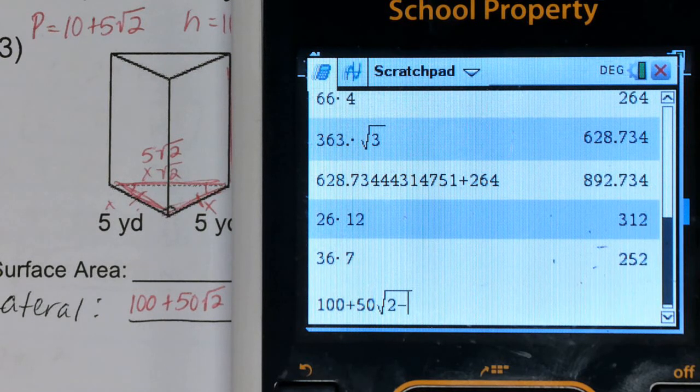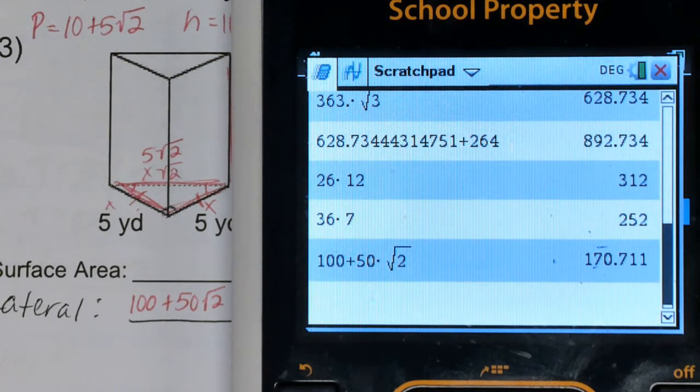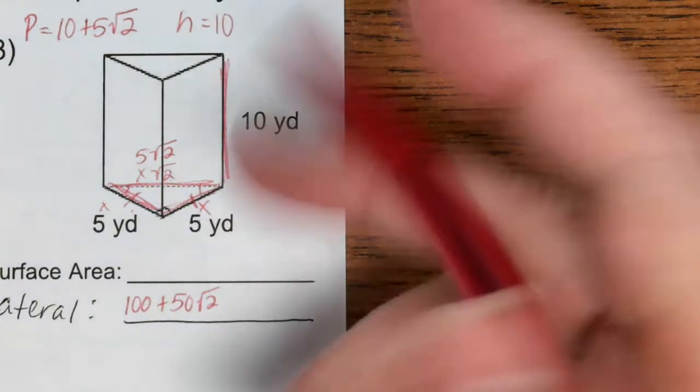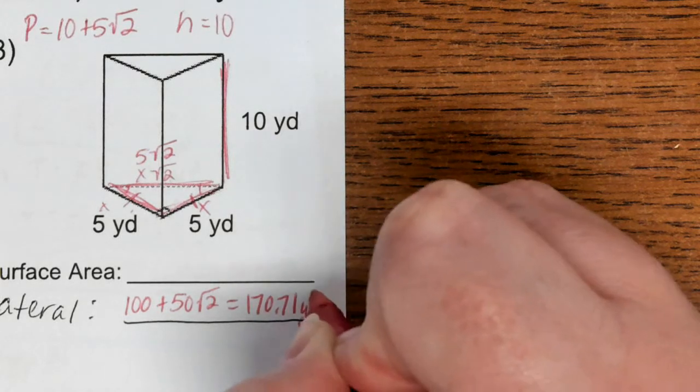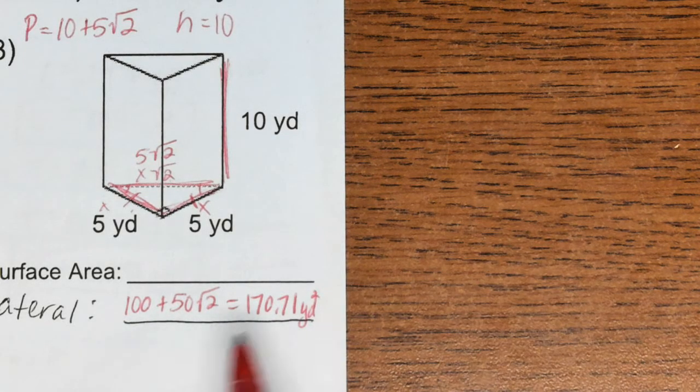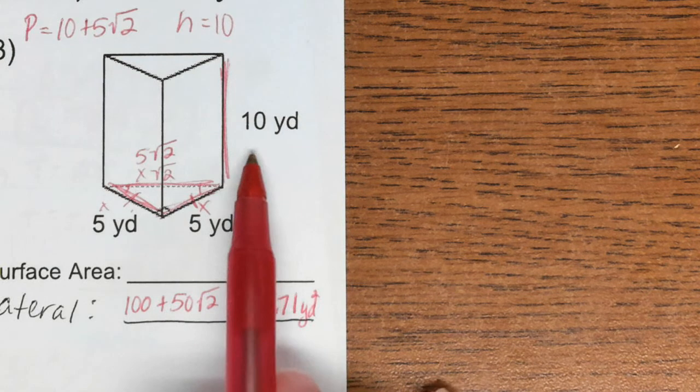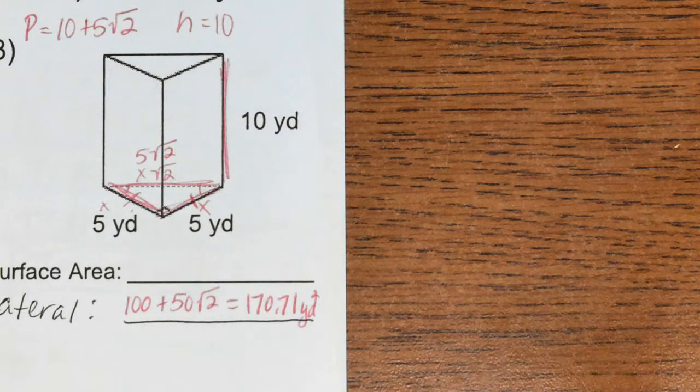So it's 170.71. And this is in yards squared because yards is the unit here. And remember, surface area is always squared.